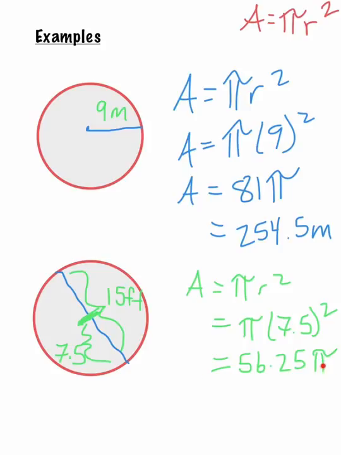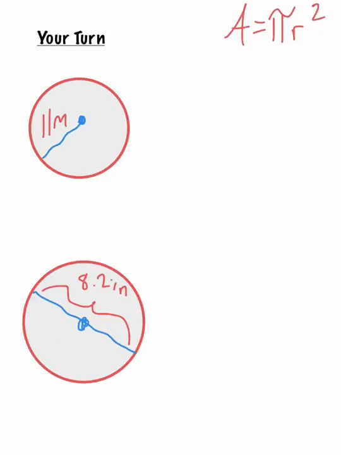This here is the perfect answer, but if we use 3.14 for pi, we would end up with about 176.7 feet squared. So what I want you to do on this slide is to pause the video, try these two examples yourself, and then unpause the video to see what I've done.